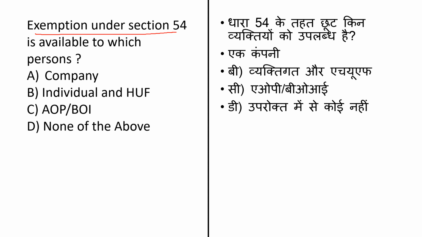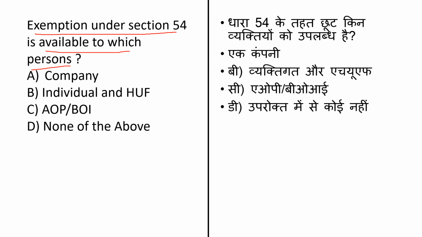Exemption under section 54 is available to which person? Okay. So here under section 54 of Income Tax Act, an individual or a HUF, HUF means Hindu Undivided Family, selling a residential property can avail the tax exemption from the capital gain if the capital gain is invested in the purchase or construction of the residential property.